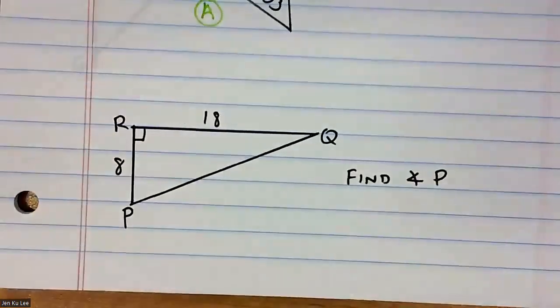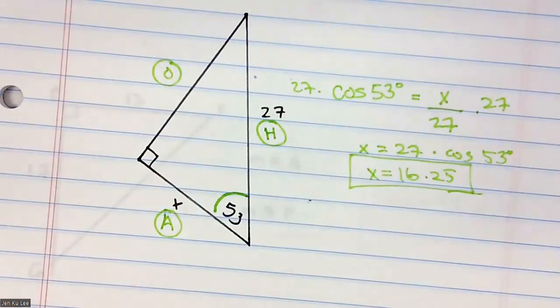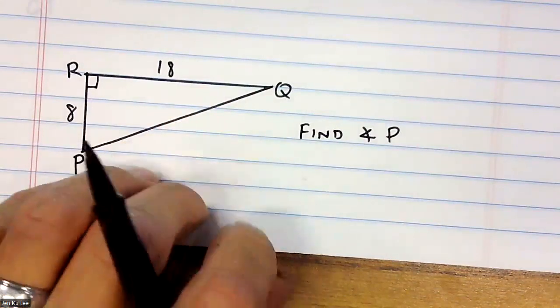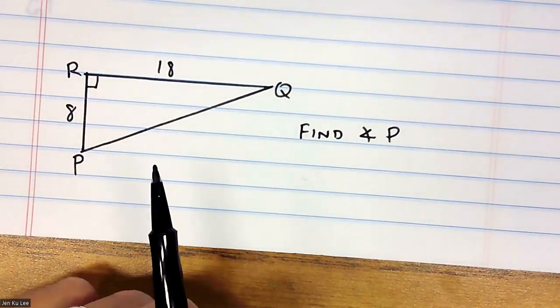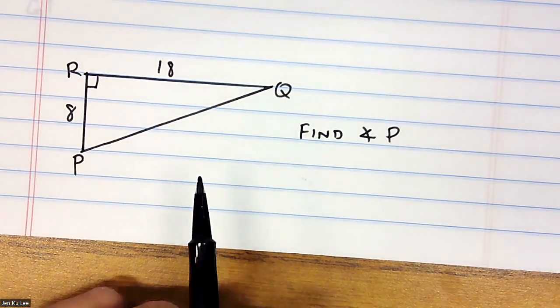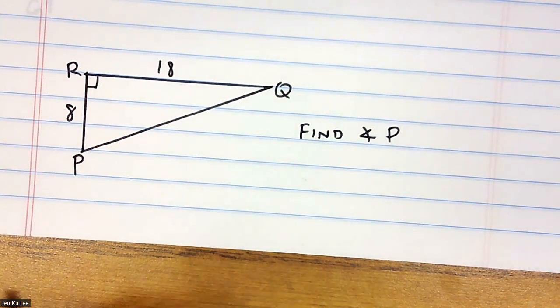So that's how we figure out the missing side. Now, what if the angle was missing? Same idea though. The same first step. What's the first step? Label the sides. Okay, so angle P, right? We have to figure out what angle P is.